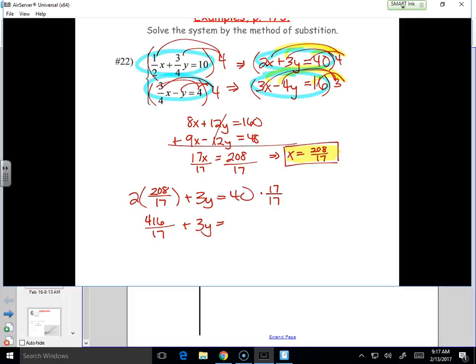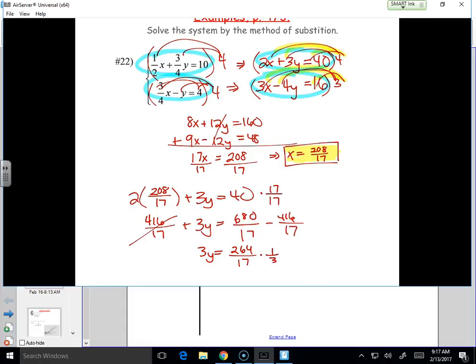Sorry, I was distracted. So we have 17, and then a 0, and then an 8, and then a 680. So we subtract our 416. Get rid of it. That'll give us 3y is equal to 264 over 17. Is that right? Yeah, 264.